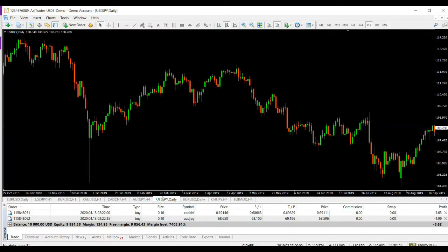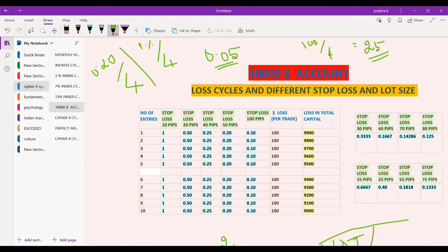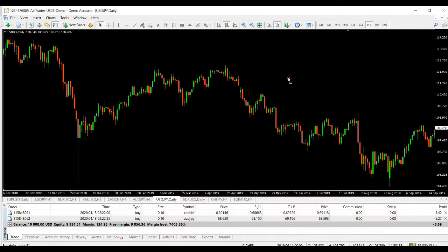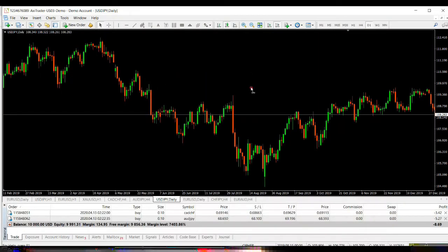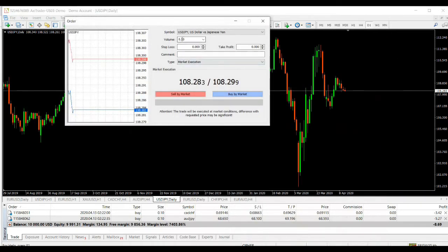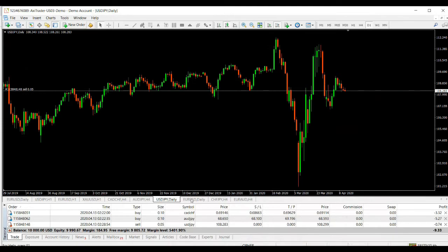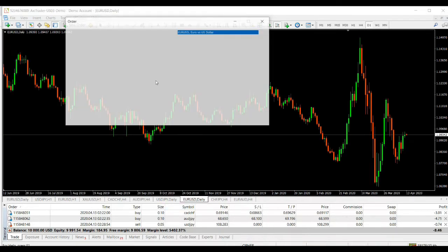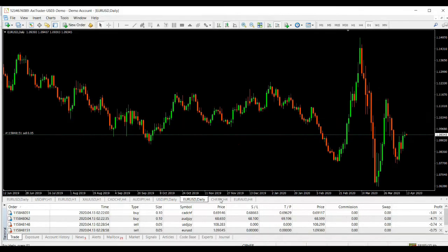Okay, I'm taking USD JPY, Euro USD, Swiss franc and Japanese yen and Euro AUD. Okay, what's my lot size? 0.05, simple as that. First, I'm going to place a sell here in every situation. 0.05 sell, sell.